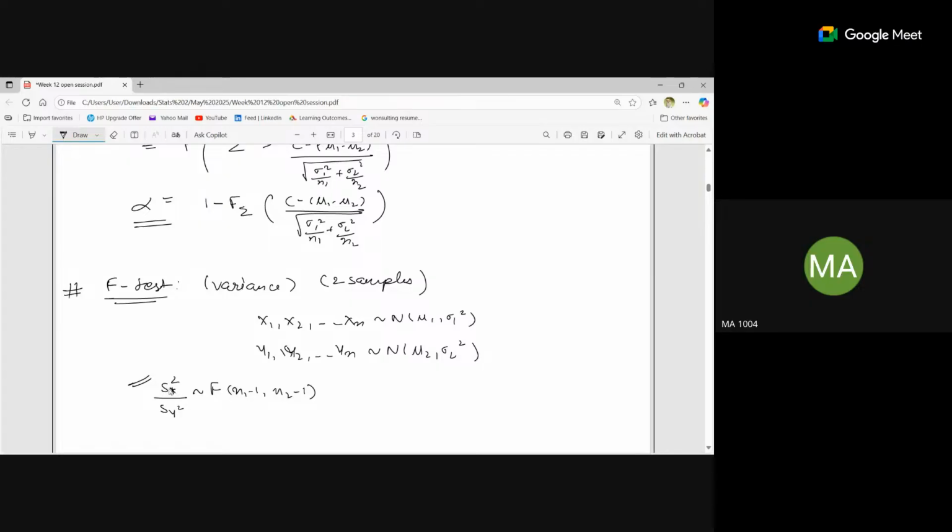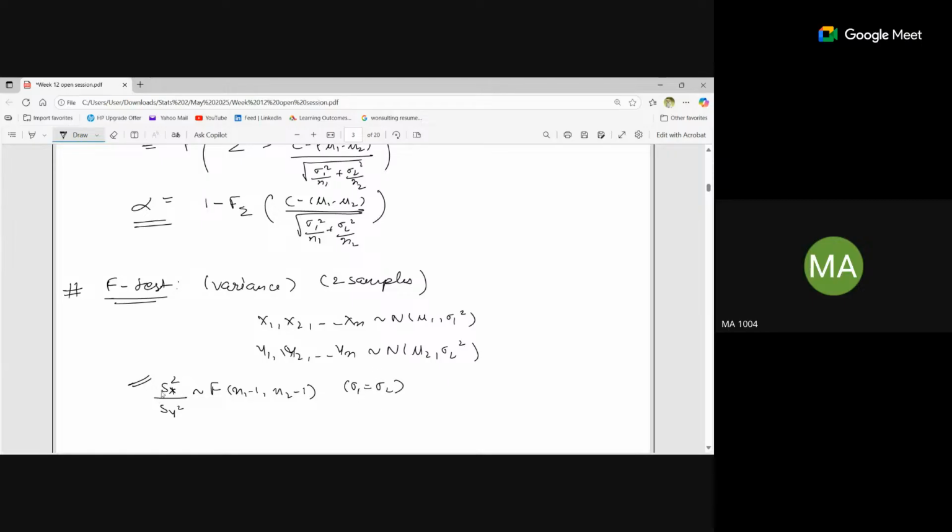So this will be my distribution. What is sx square? This is the sample variance, right? So the sample variance of x divided by the sample variance of y will be following F distribution with n1 minus 1 comma n2 minus 1 degrees of freedom. And this is the case when my sigma 1 equals sigma 2.